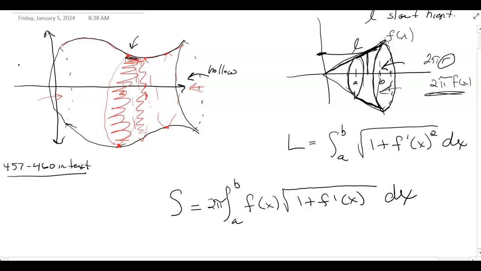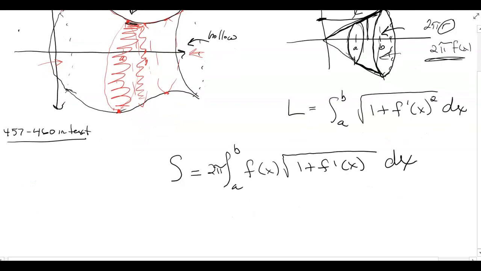As we moved to arc length, it was essentially the Pythagorean theorem, which is where you get the 1 plus f prime squared from, the square root of that. And now surface area is kind of putting it together. If you already know your arc length and you know the circumference of a circle, you're just putting those two pieces together to get this particular formula. Because yes, fortunately, you will need to memorize these formulas when it comes time for the test.